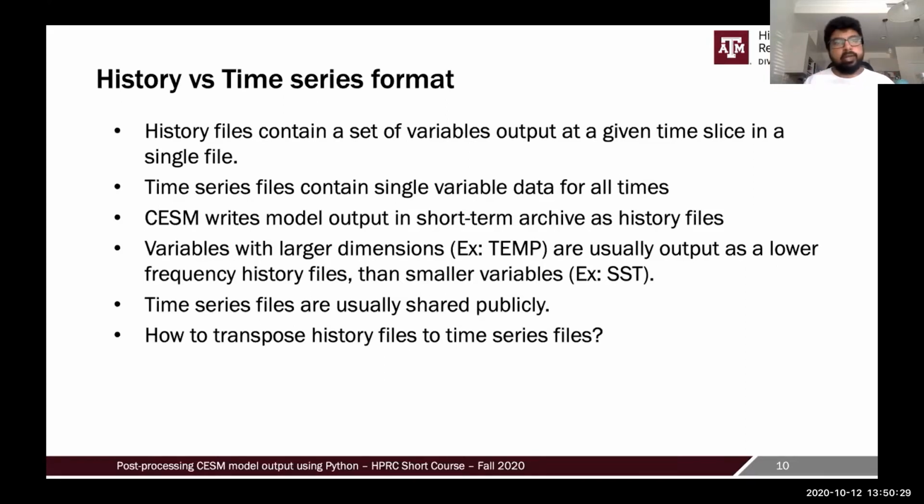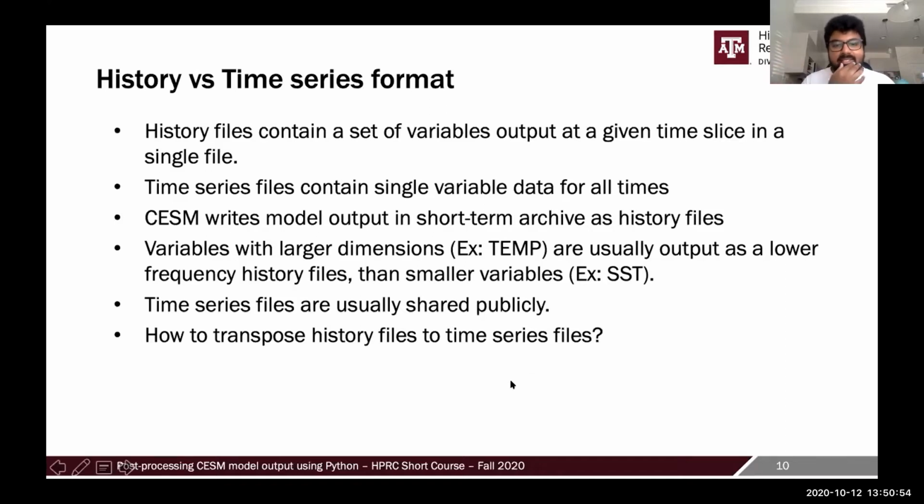I know these are terminologies that might differ from how you use them. But the history file has all the variables at one particular time, or maybe a few particular time steps in a single file. Whereas in the time series, you only have one variable, SST, let's say, at all times.